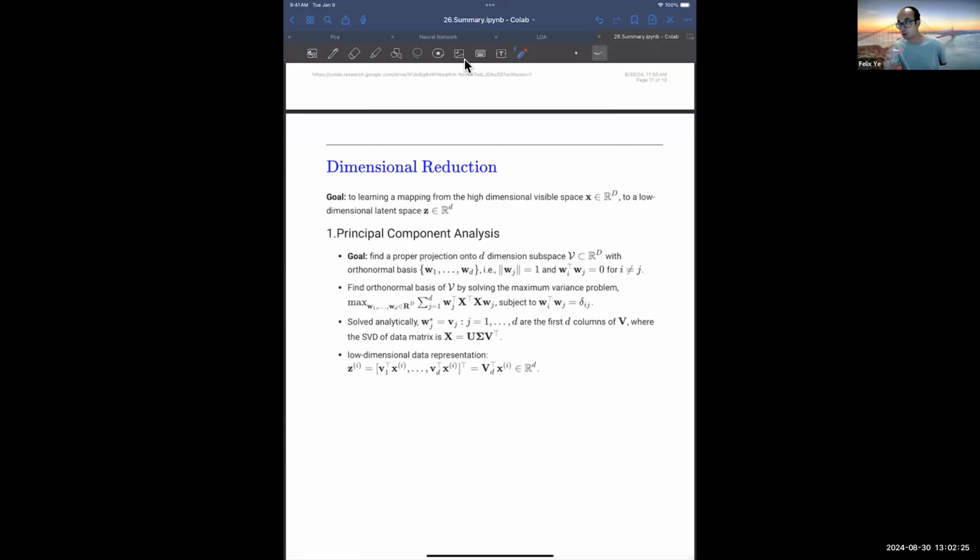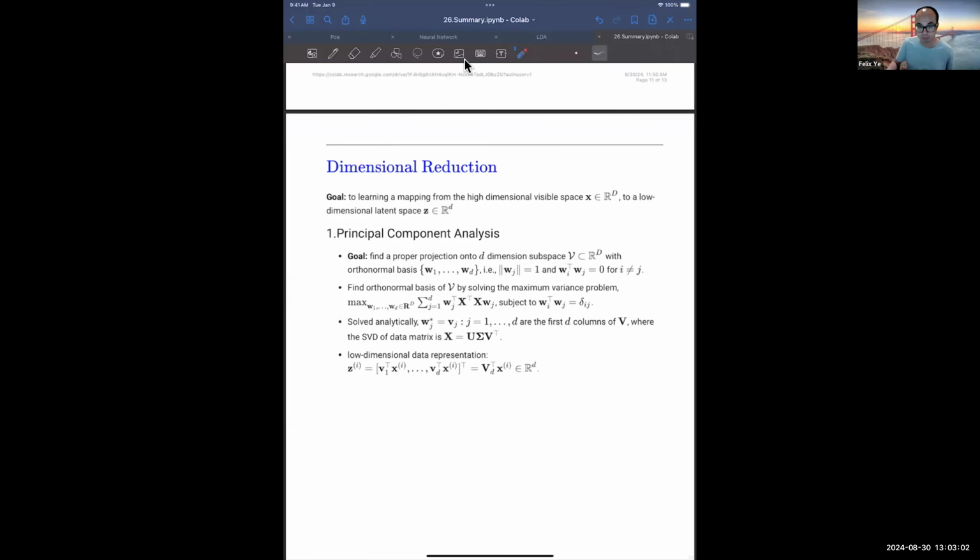You can think of it as projecting the covariance matrix in the direction of Wj, and summing all the variance contributions from W1 to Wd, but with the orthonormal constraints. This is a quadratic objective function, but the constraint is very difficult. The constraint is actually non-convex, so this whole thing becomes a non-convex problem, which is generally very difficult to solve.